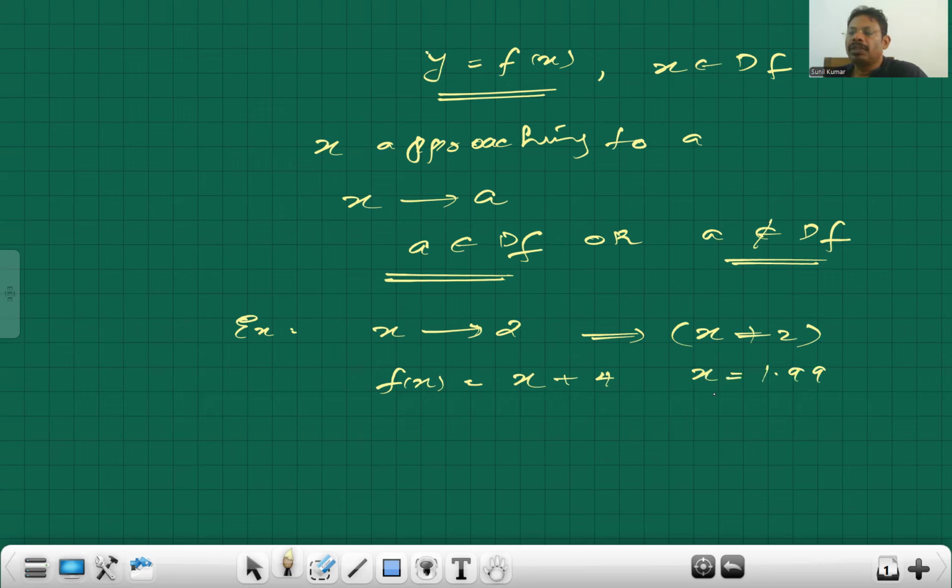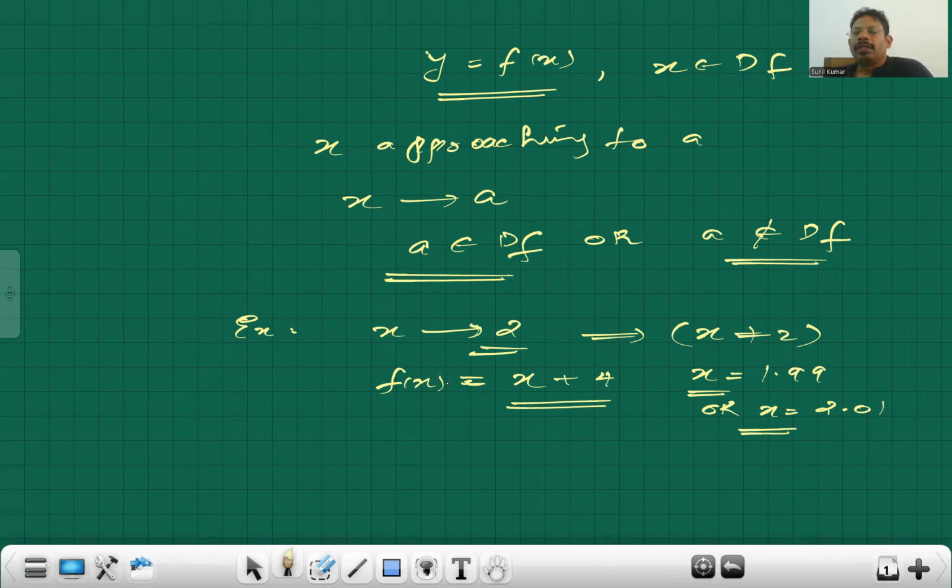That is the meaning of this. x equal to 1.99 or x may be 2.01. This is the situation whenever x is approaching 2. In this situation, you can see that 2 is in the domain of this function. That is very clear.